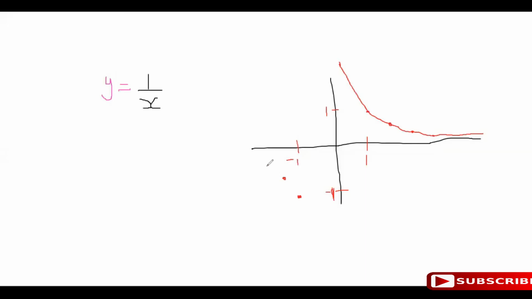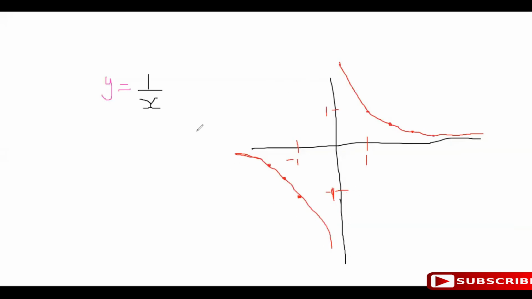When x is minus 3, y is minus 1/3. And so what we're seeing is that this is the graph of y equals 1 over x. That's how the graph looks.